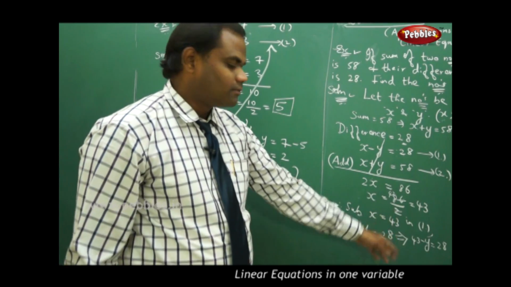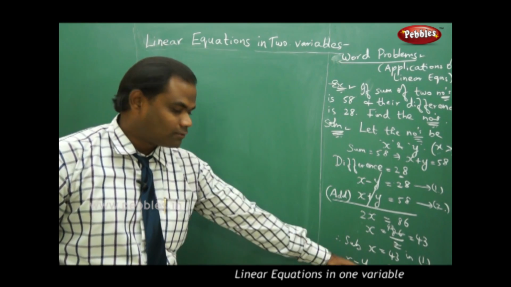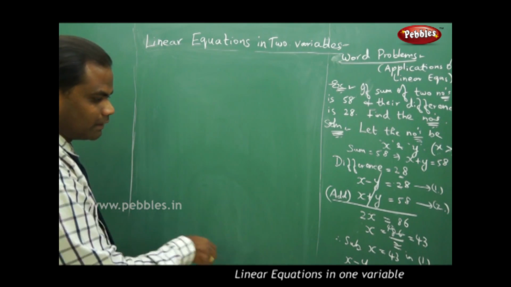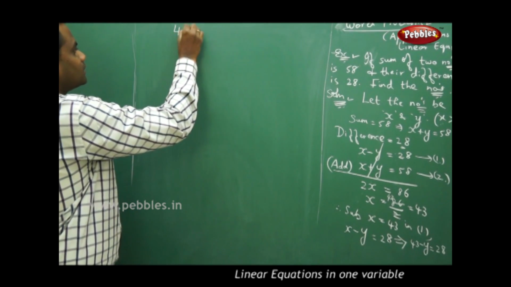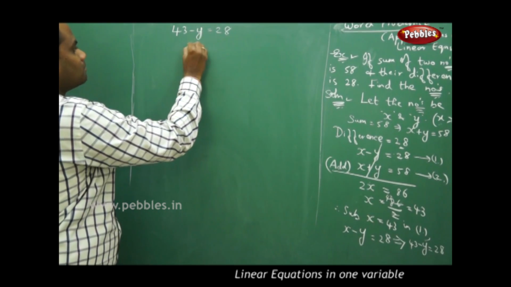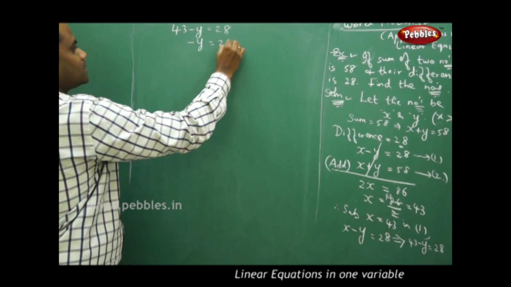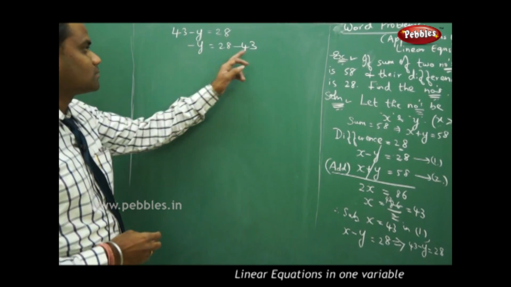Then on simplification, I get the value of y. So 43 minus y equal to 28 would give me minus y equal to 28 minus 43, plus 43 brought to the right as minus 43.